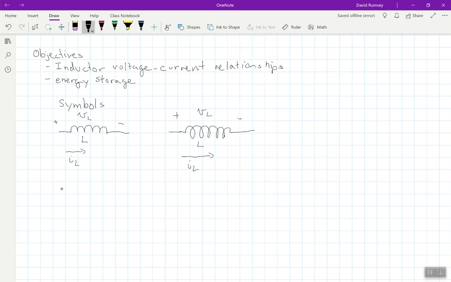Well, this uses a derivative just like the capacitor did, except in this case the voltage across an inductor is equal to the inductance times the derivative of the current. Now, I'm not going to rewrite the table down because we're still going to use the same kinds of equations to answer questions regarding inductors.